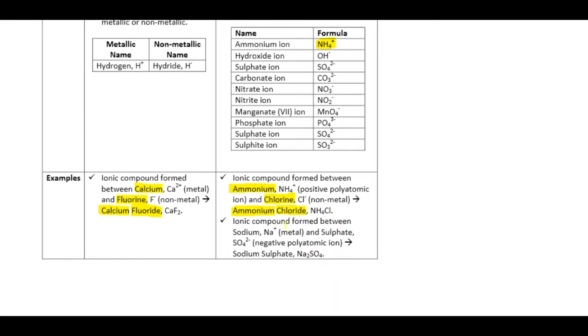So another example will be between sodium, which is just a regular metal, and sulfate, which is a negative polyatomic ion. Sulfate is a polyatomic ion because it is SO4 2-, it's over here in the table, SO4 2-, right. This is the sulfate ion. It's polyatomic because it has several atoms, 1 sulfur atom and 4 oxygen atoms.